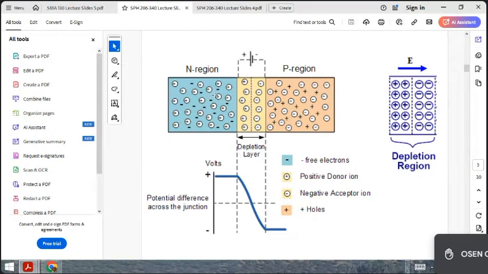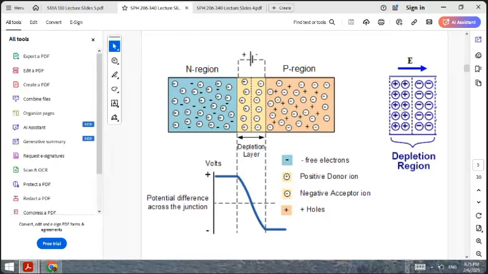And there is also variation of concentration. I will take you back to where I was explaining that. Here we said, as you approach the junction, the density of electrons decreases. Density of holes as you approach the PN junction decreases. So there is variation of concentration of charge, and therefore you can have diffusion.